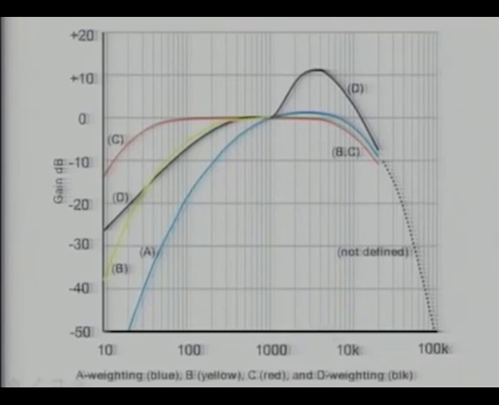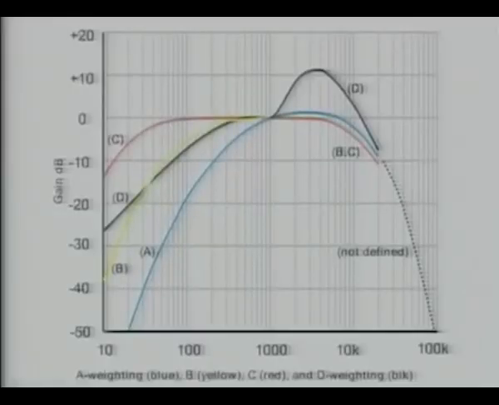So A is the most widely practiced weighting level, and B has also fallen into disuse. It's used in very specific cases for some aircraft noise estimation.